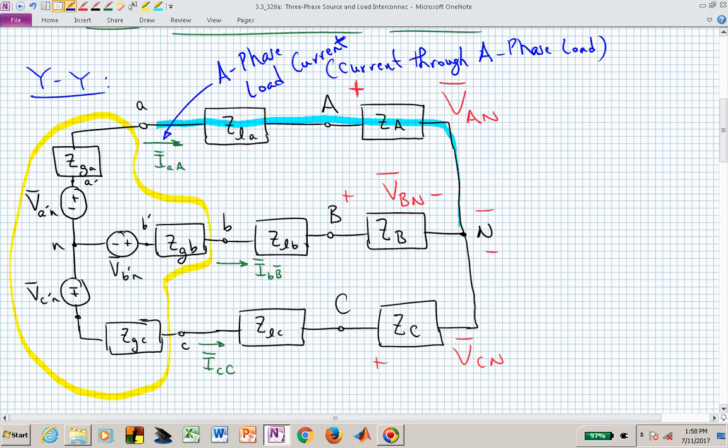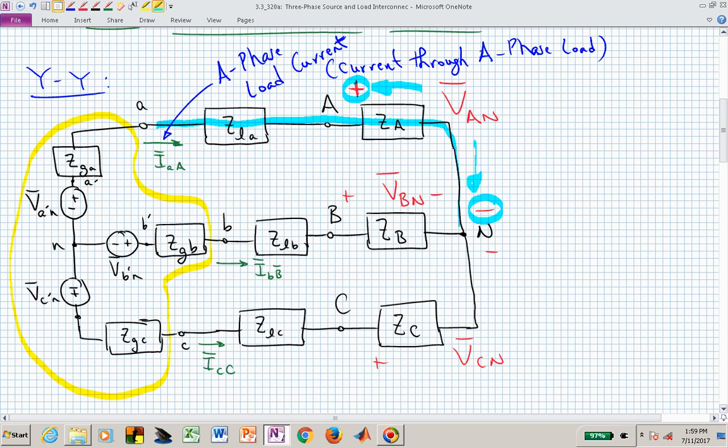Now, if we go to the load side and look at the voltages, I've now labeled capital V, capital A, capital N, and that's the voltage dropped from the positive terminal of the A phase to the neutral terminal, capital N, in the A phase.